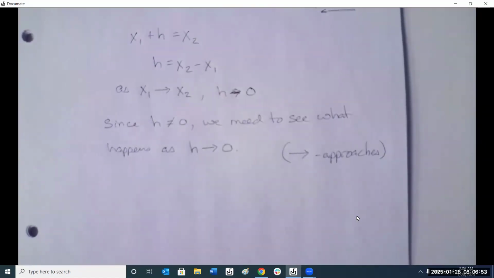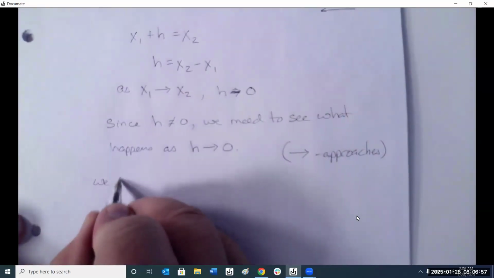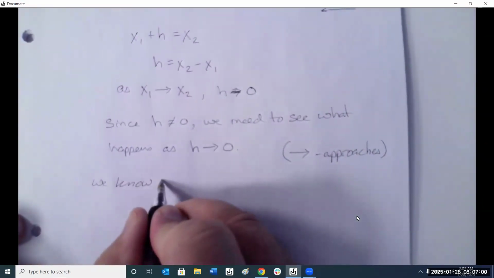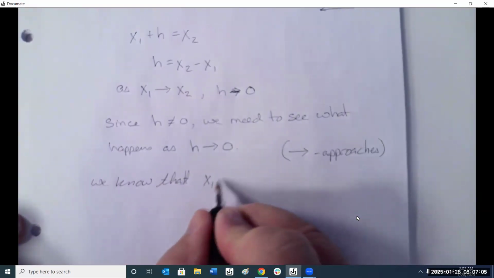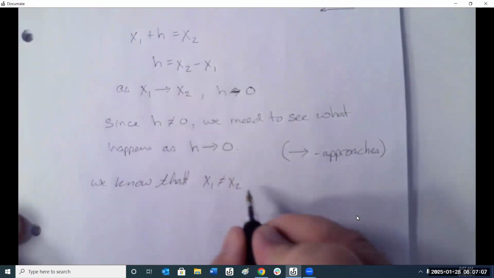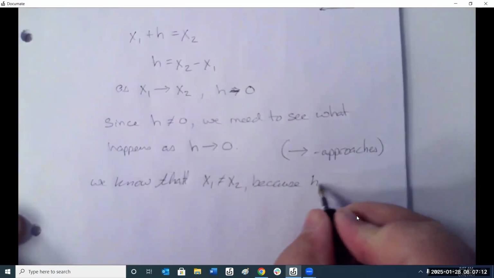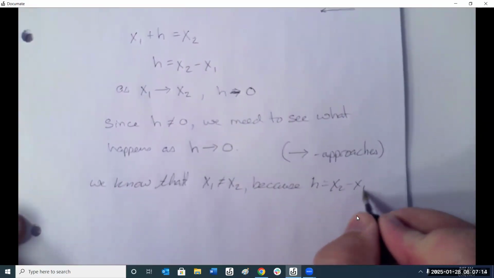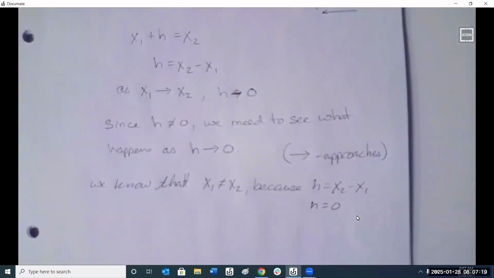So we know that x1 cannot equal x2 because h is x2 minus x1, and that would make h equal 0. But as it gets closer, closer, closer together, infinitely close, it does approach a value.